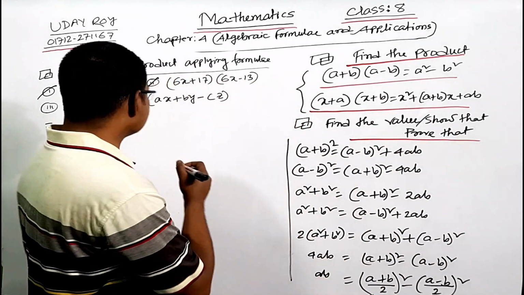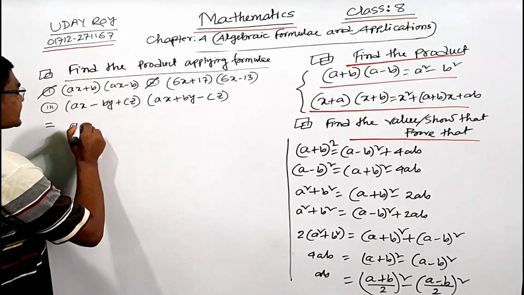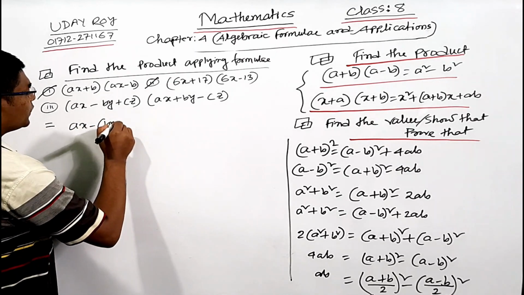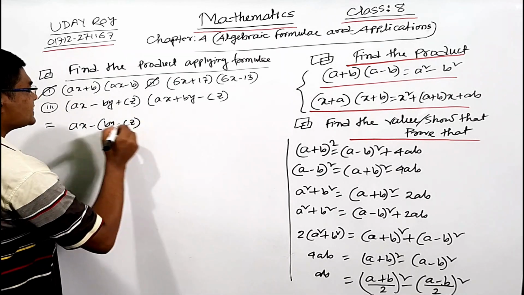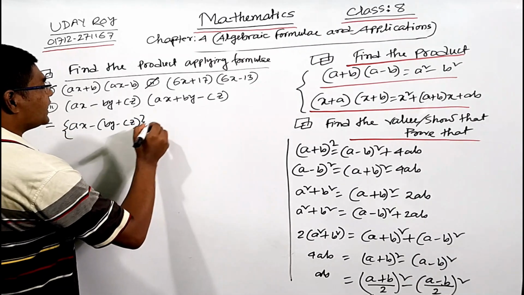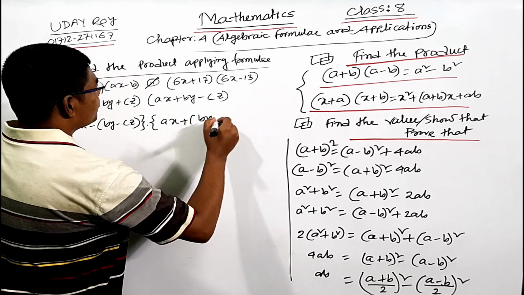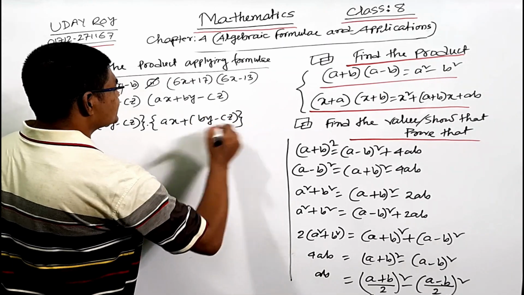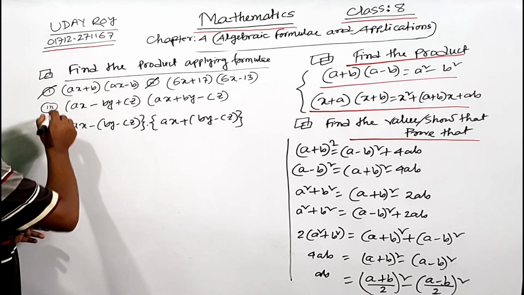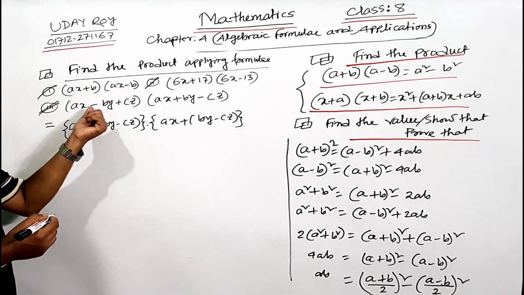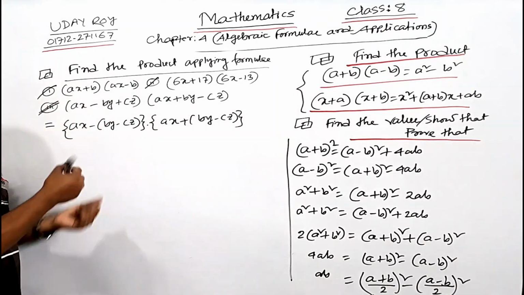Let's come back. You can see here is ax, take common, we get by minus cz, and another ax plus by minus cz. This is very important maths. So we have taken common here minus.